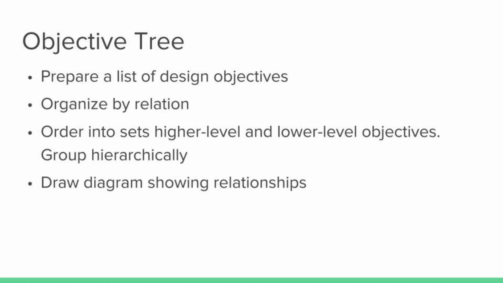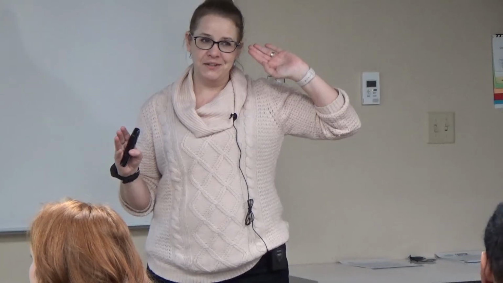You know I'm a visual person, you all know the flow chart we have for our curriculum. That's because I love doing that kind of stuff. So I think of the objective tree as a lot like a flow chart. You come up with these objectives and specifications and then connect them and show how they all go together and make a tree. You can order them into higher level and lower level objectives so they have some sort of hierarchy, and draw a diagram.